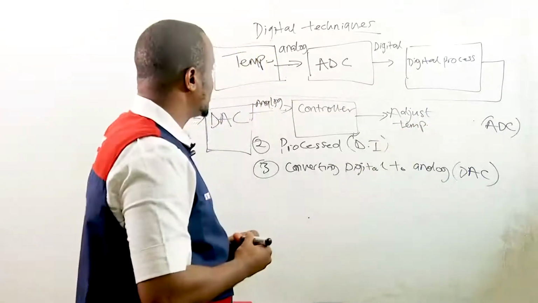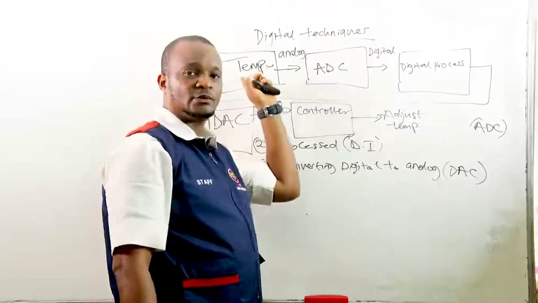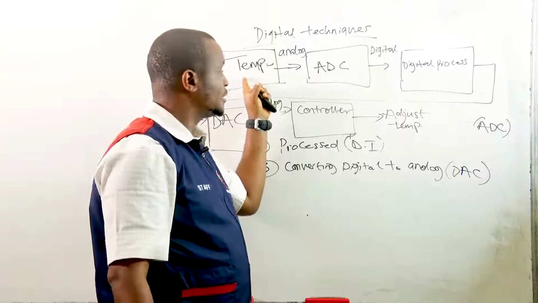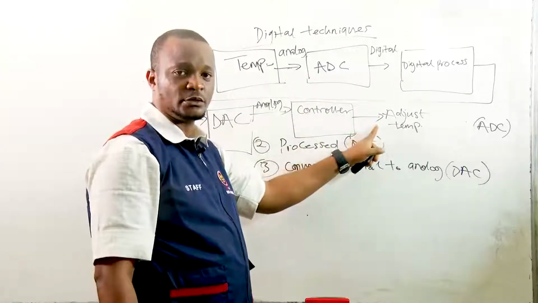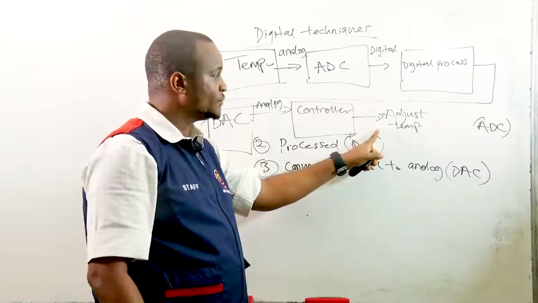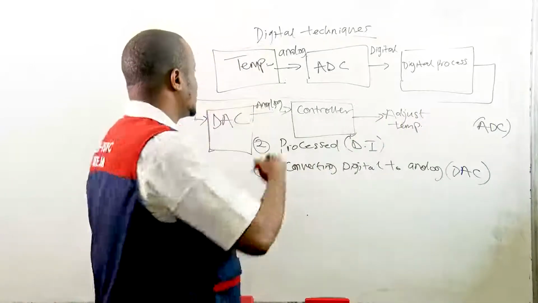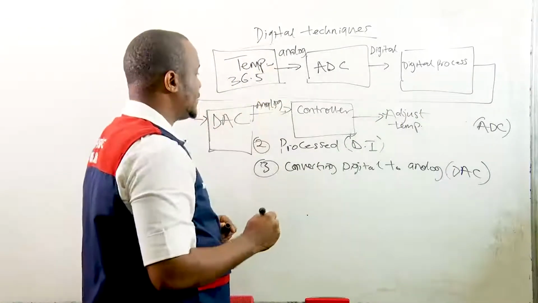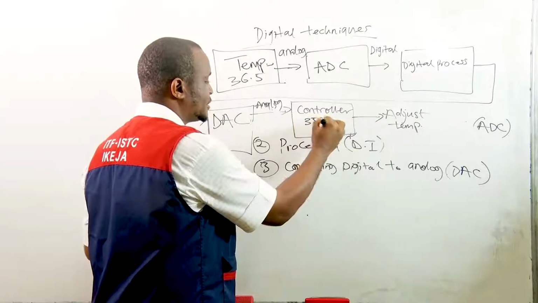So what we mean here is that probably we want, when the temperature gets to a particular centigrade or Fahrenheit, depending on what you are using, that you want this controller to adjust the temperature, probably in a room. So this is made possible through this process. So let's say the temperature here is 36.5, and the maximum allowed temperature in the controller is 35 degrees Celsius.